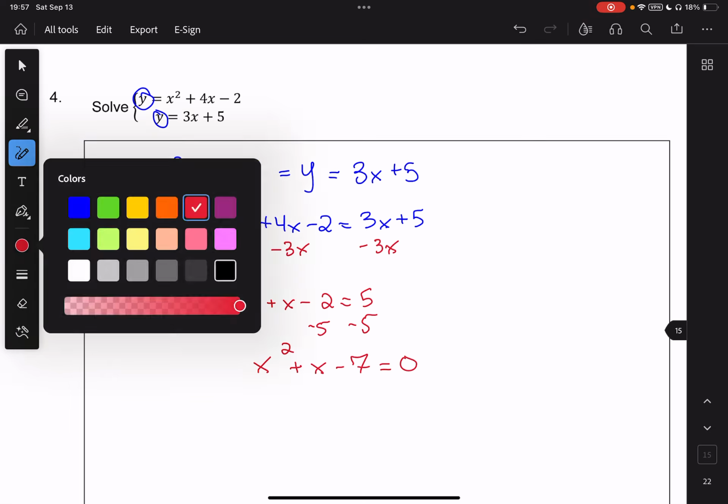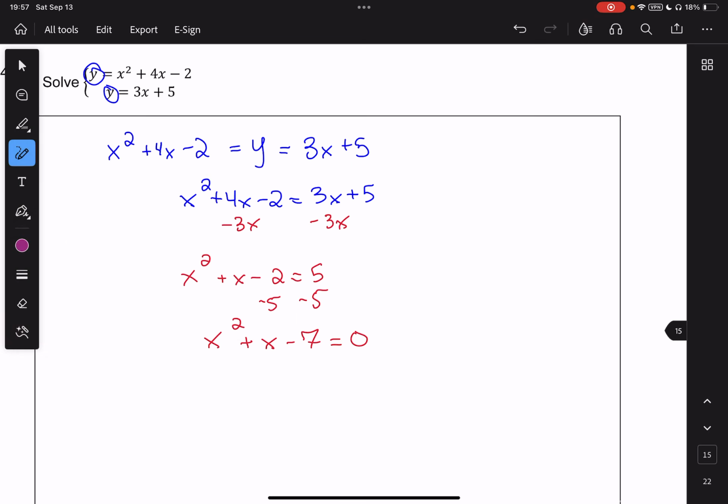So now time for what we've been doing a lot of. Do you remember what it's called? Negative b plus or minus the square root of b squared minus 4ac all over 2a. Quadratic formula.